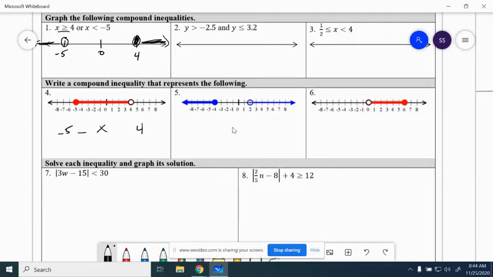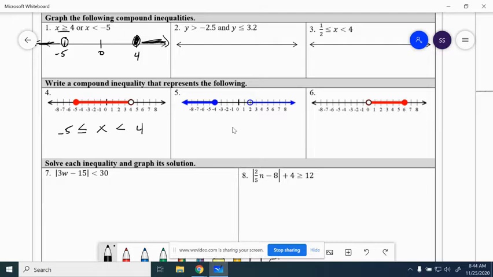And X is going to be greater than -5, so the mouth wants to eat the X on this side, but X is less than 4, so it's going to be eating the 4 on that side.